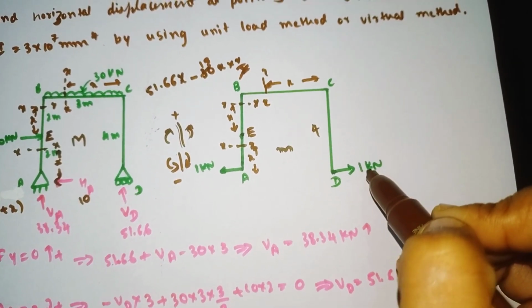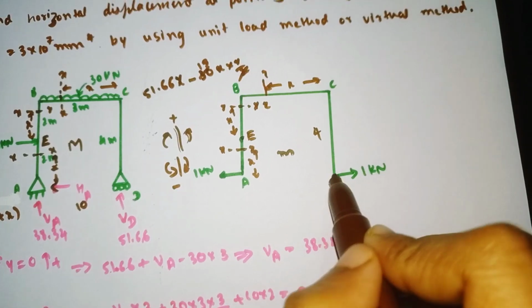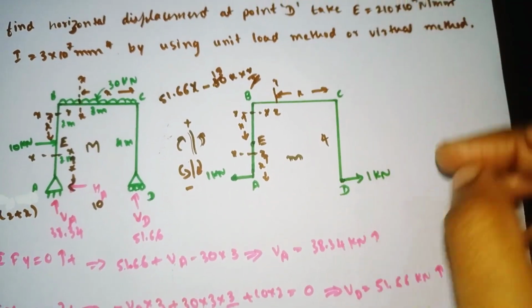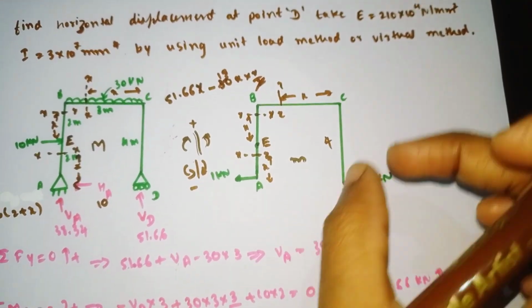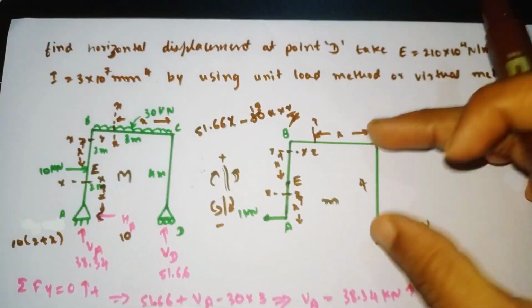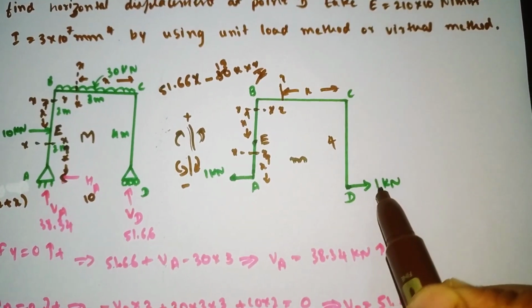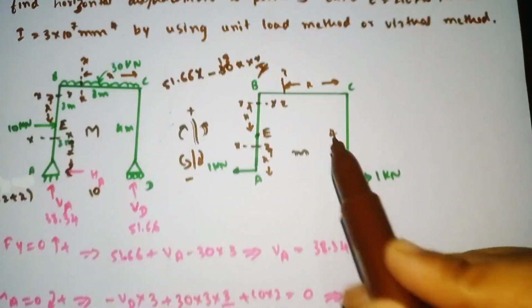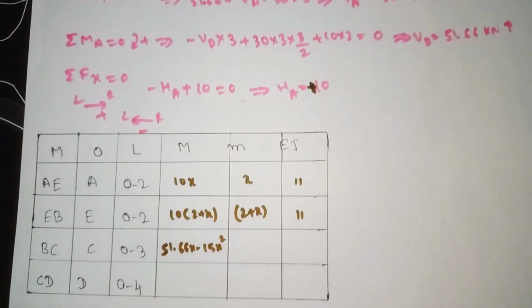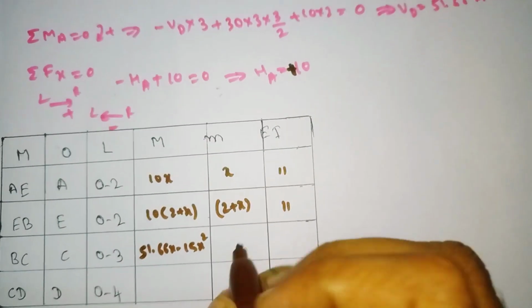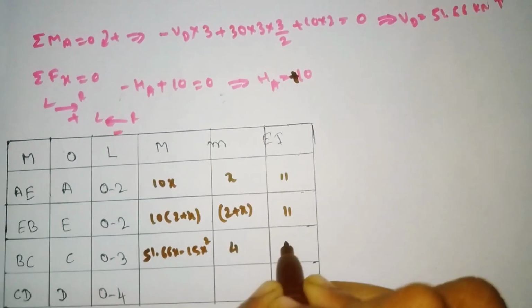So 1 into 4. We always see the perpendicular, and since the load is horizontal, CD becomes the perpendicular. So the 1 kilonewton is acting at a distance of 4 meter from this section. So our small m will be 4.